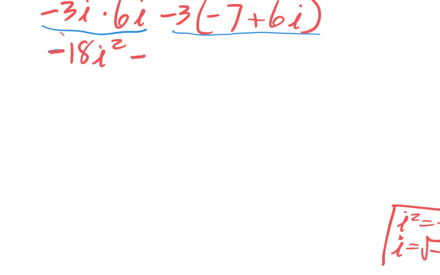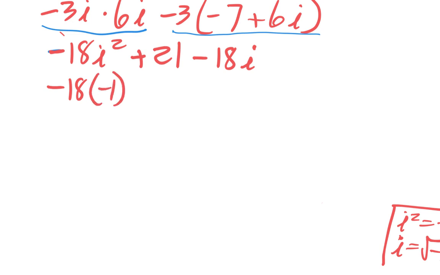Now remember, i squared is -1. Now, I'm going to multiply that -3 times the -7, which will give me a positive 21. And I'm going to multiply that -3 times the 6i, which will give me a -18i. Okay, I know i squared is -1. So yes, I'm putting a lot of extra steps in, but hopefully it helps somebody.